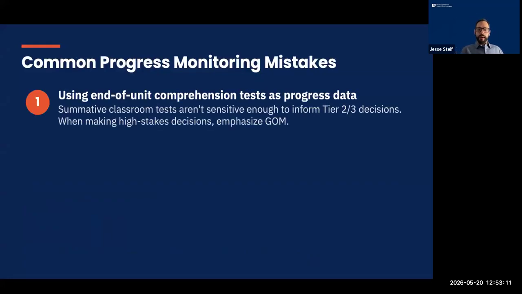Okay. We'll go a little bit more quickly through these. Some common mistakes that we see: using end of unit comprehension tests as general outcome measures. When we think about summative classroom tests, like an end of unit test, they're just not sensitive enough to growth to inform quick tier two or tier three decisions.